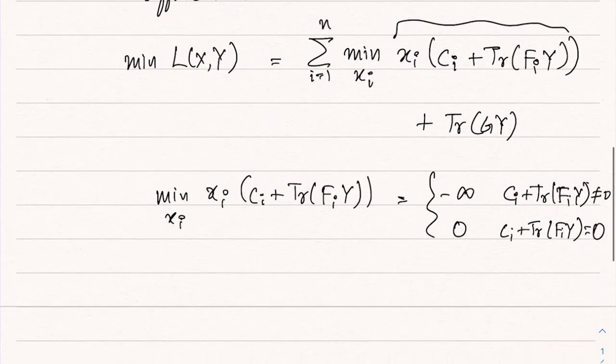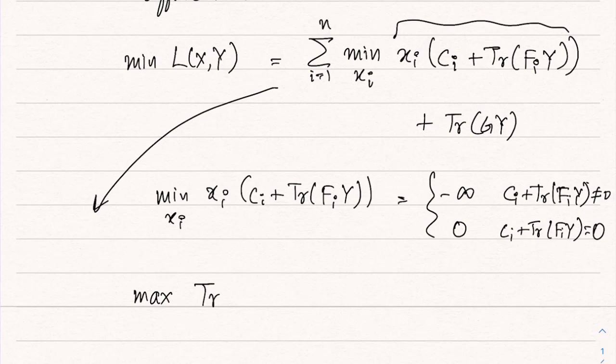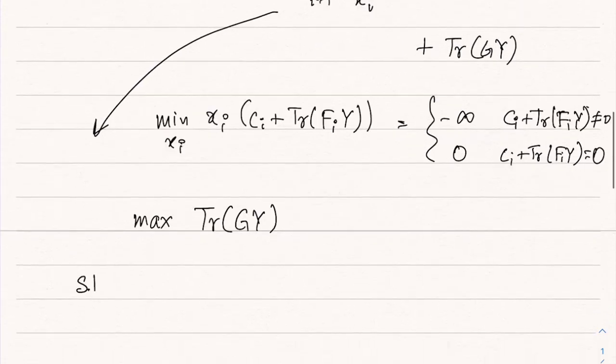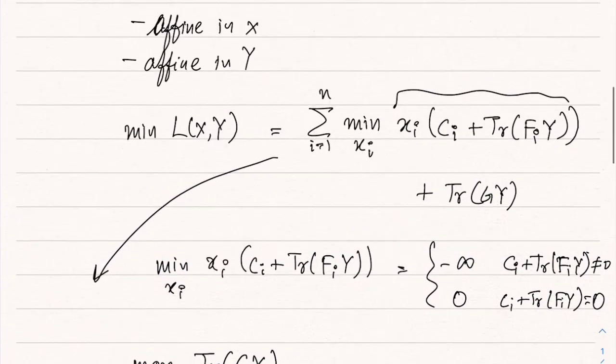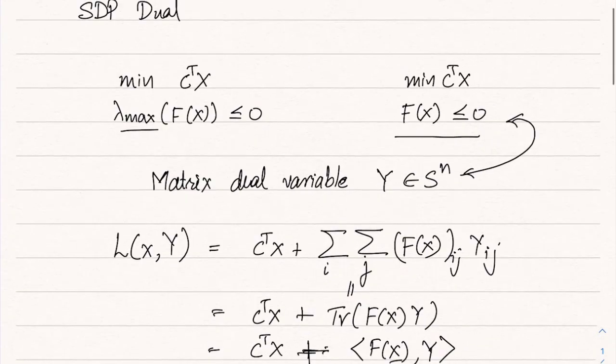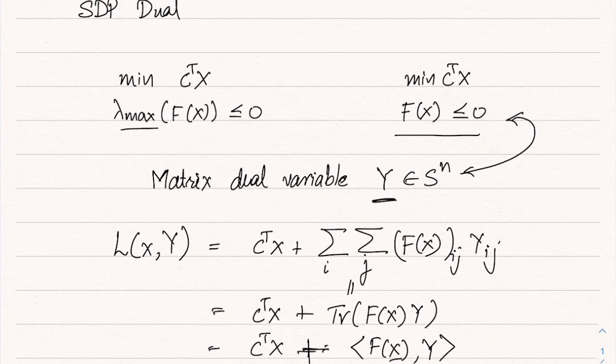So combining these, we can see that the dual formulation becomes maximization of trace of GY subject to the constraint that c_i plus trace of F_iY is equal to 0, and another constraint which is coming from the fact that this is an inequality constraint and we associated a matrix dual variable.